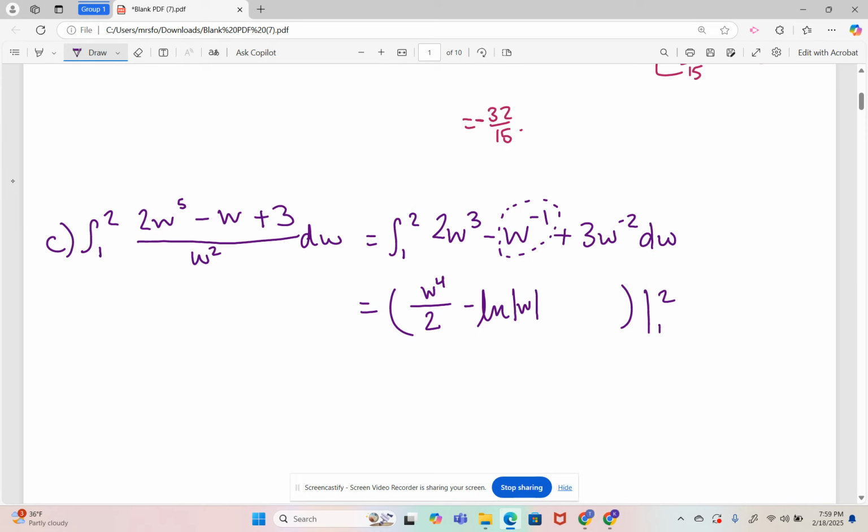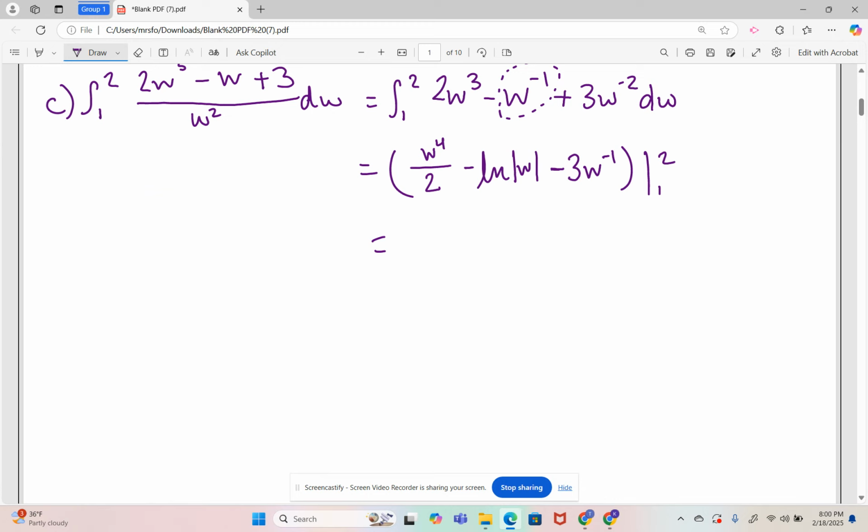And then 3w to the negative 2, when we take that antiderivative, the exponent's going to become negative 1. So we divide by negative 1. So that changes the sign, and we have minus 3w to the negative 1.